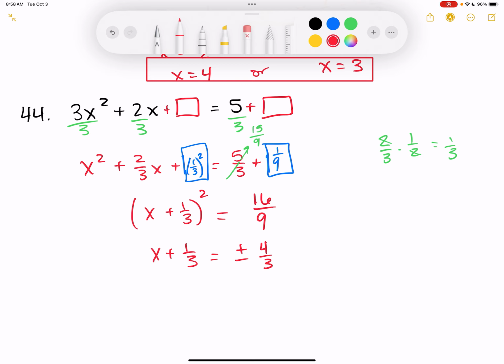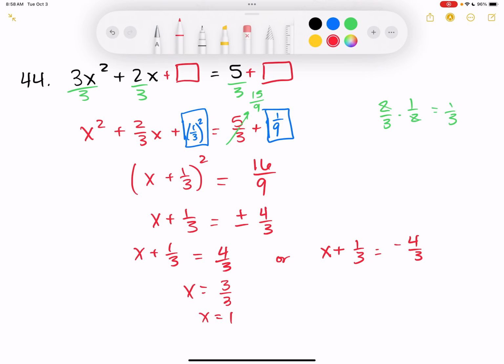So then I'm going to split it again. x plus 1/3 equals 4/3, or x plus 1/3 equals negative 4/3. So I've got x is equal to, subtracting that, 3/3, or x is equal to 1. And on the other one, subtract that, x is equal to negative 5/3. And I can't reduce that.